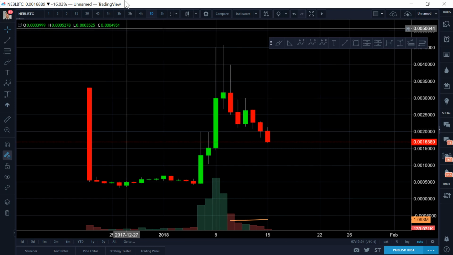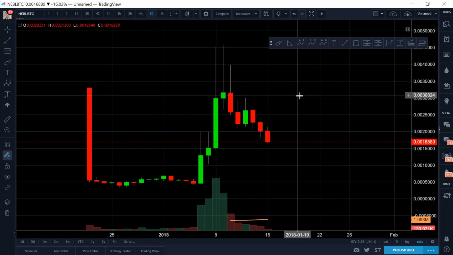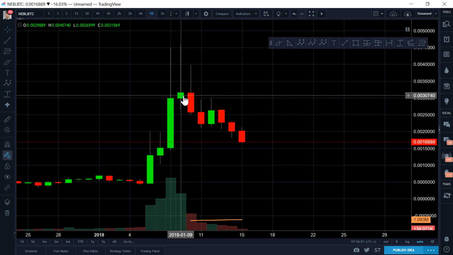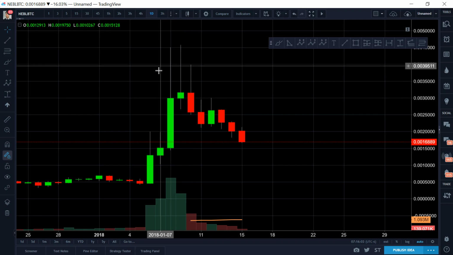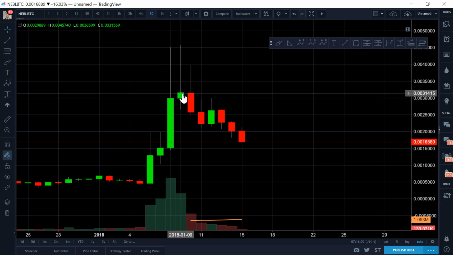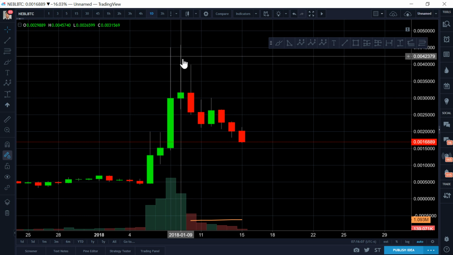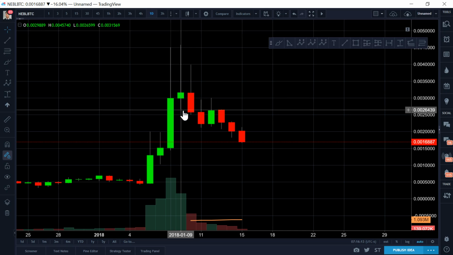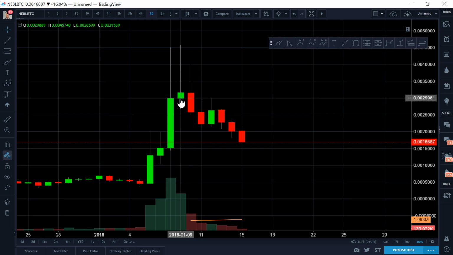So as soon as this forms, it would be a very bad idea to go into a long position. So here implies that the bulls have definitely tried to push it up for this day, and the next day they attempted again. But these long wicks by the end of the day imply that the bulls have lost control and the bears have successfully pushed it back down. So two things could have happened, right?